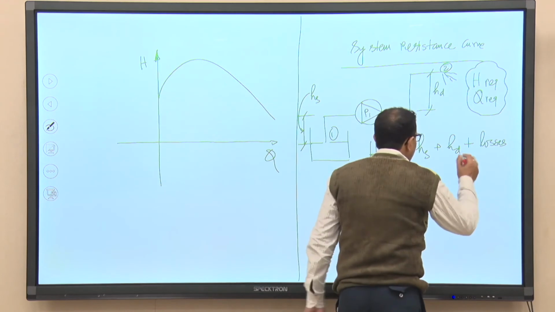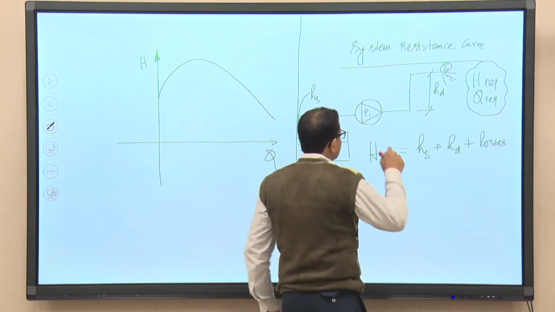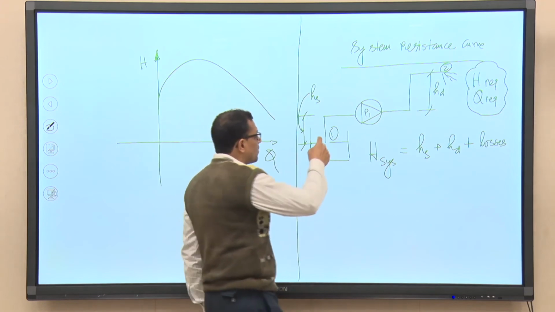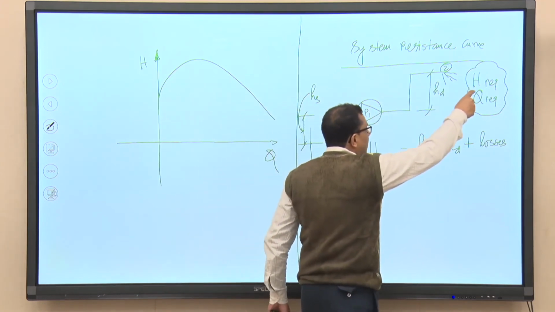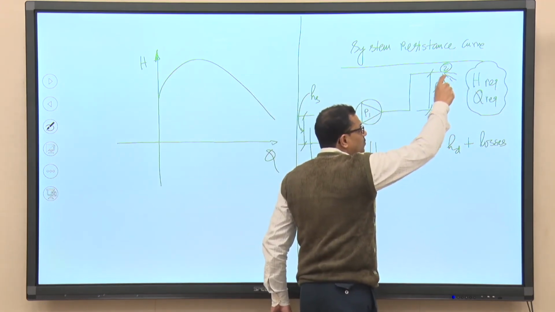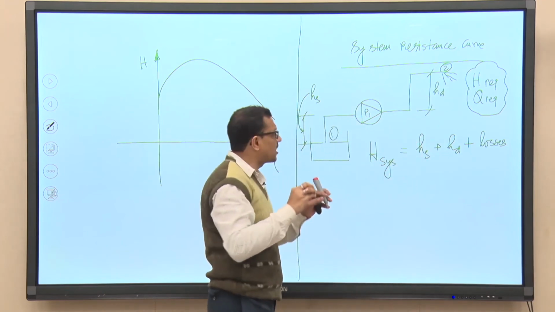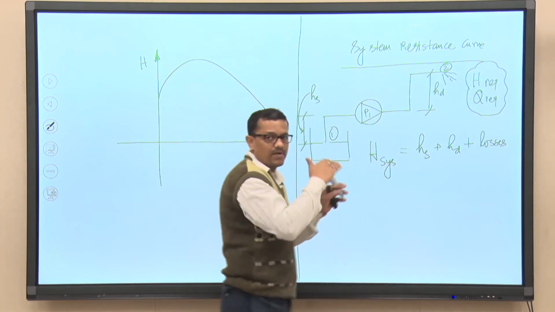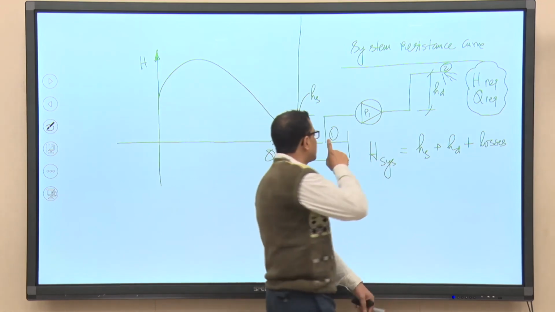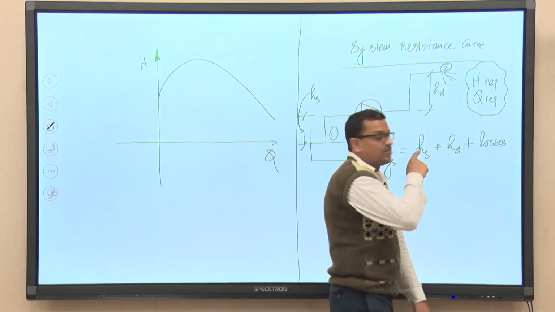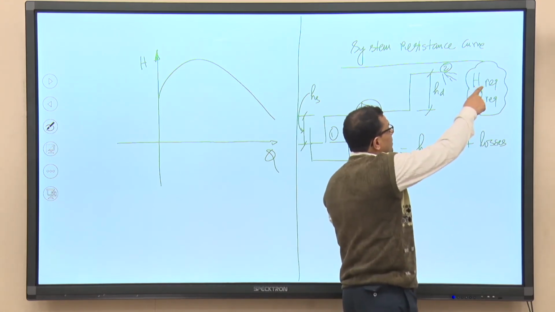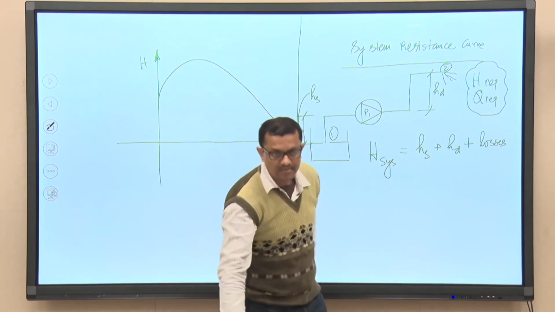So, the total resistance is, I mean, our objective is to bring liquid from point 1 to point 2, and it is not the case that I will just take liquid from 1 to 2. The pump will be able to deliver liquid from 1 to 2 at a rate Q required, and the head that will be available is H required, that is the pressure that will be available.